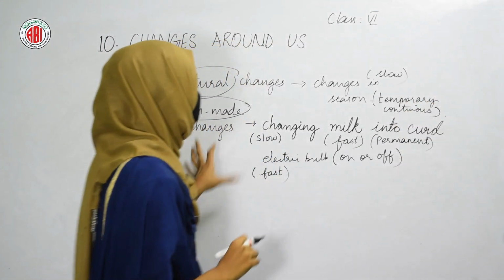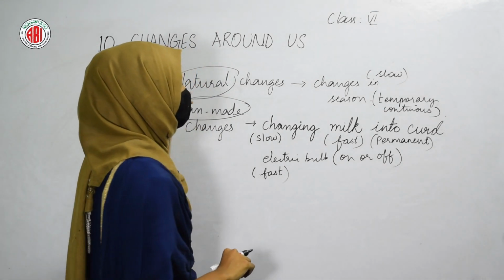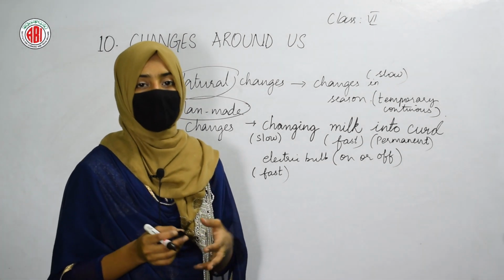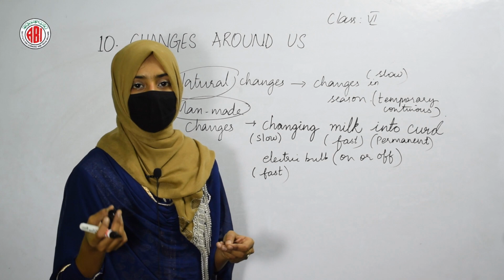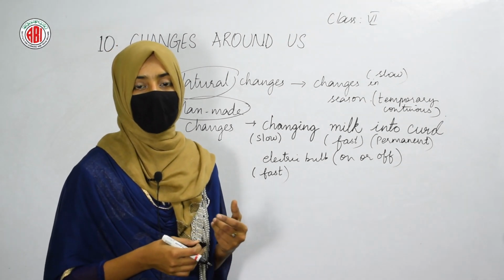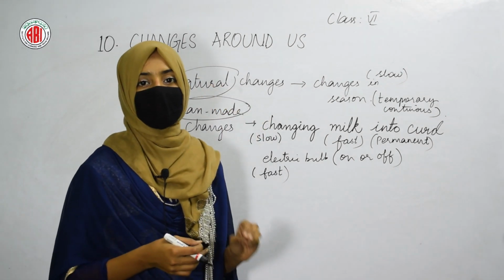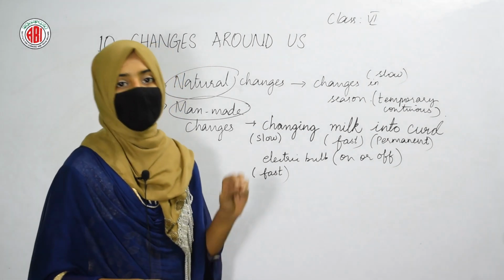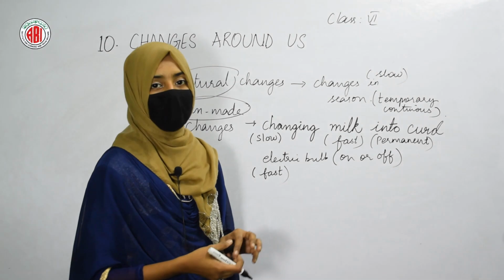In this way, we can compare that some of the changes are slow, some of the changes are fast. Some changes will be temporary changes, some changes will be permanent changes, and some changes that take place in our surroundings are natural changes, and the changes that take place due to human intervention are termed artificial or man-made changes.